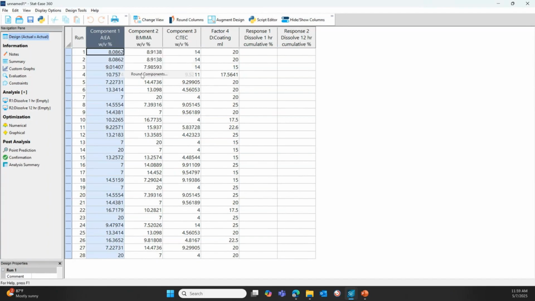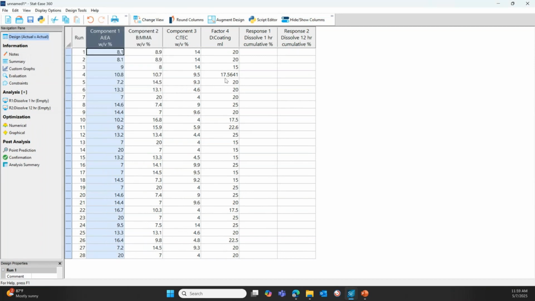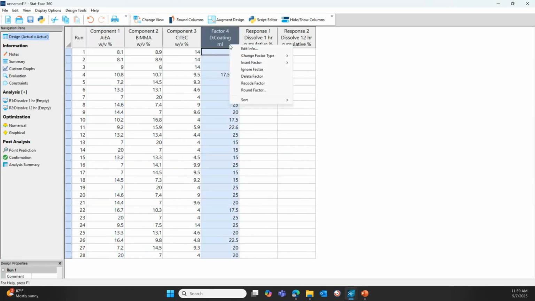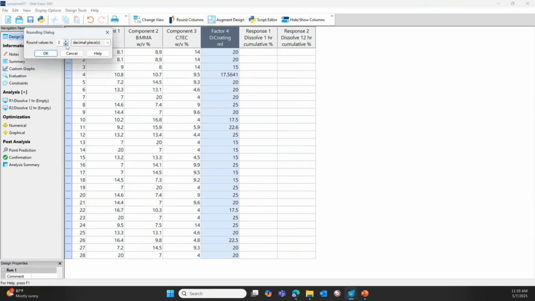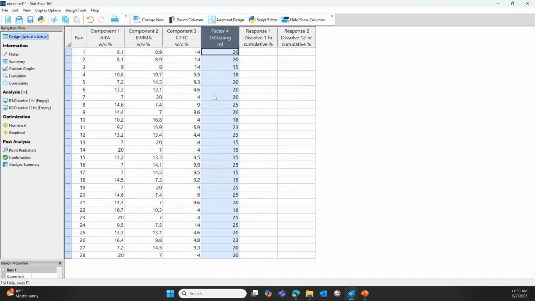Round components, let's say I will round that to 1 decimal place, which might make more sense. So it's going to do that. And even this coating amount, I can't get 14.56. I'm just going to round that to the nearest whole milliliter, and that's good enough. Okay, so I will let that happen. So now I have more conveniently chosen values for these.